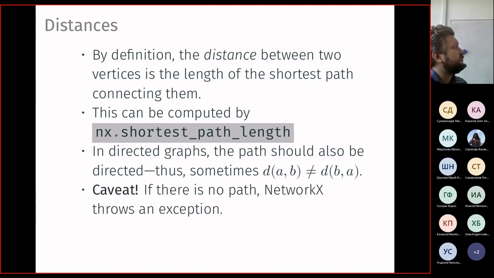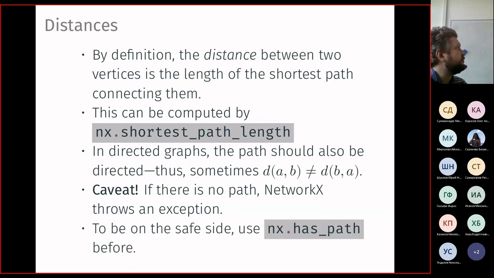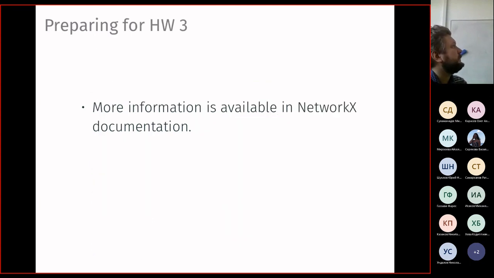With this function, if there is no path from A to B, in the directed case no directed path, then it will just throw an exception. Mathematically, it should return something like infinity in this case, but here it throws an exception. It's unfortunate. So to be on the safe side, first you have to check that there exists a path. This is done by has_path. And then you can find the length of the shortest one.